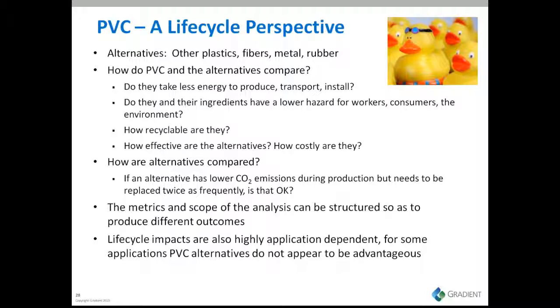For example, when we look at a leather strap for a watch versus a PVC strap, the implications of methane production during the production of leather by cows is something that really needs to be considered and adds significantly to the global warming potential of leather, which may not be so significant for PVC. So again, it's how you phrase the questions that really determines whether one alternative is better than another.